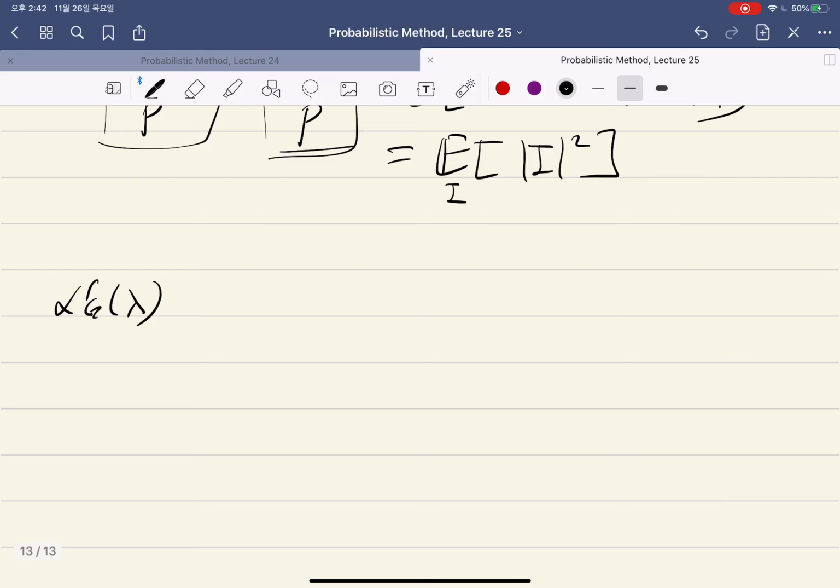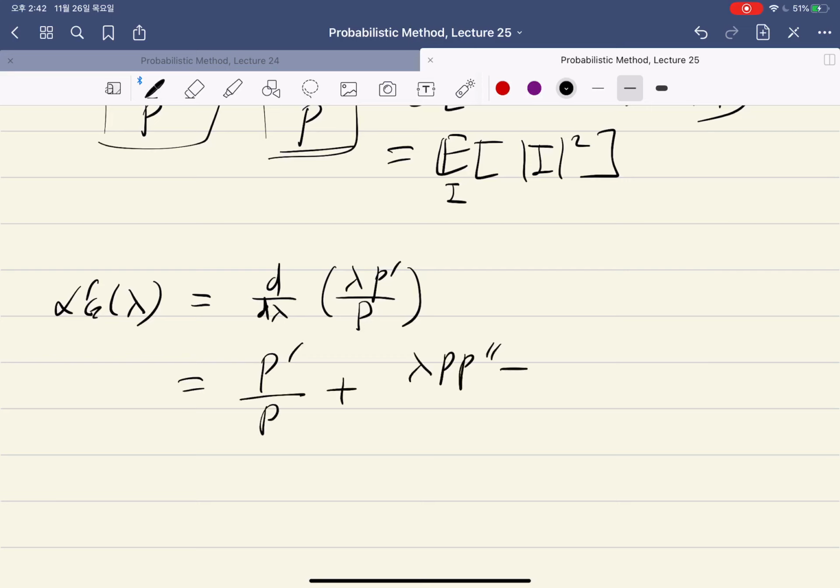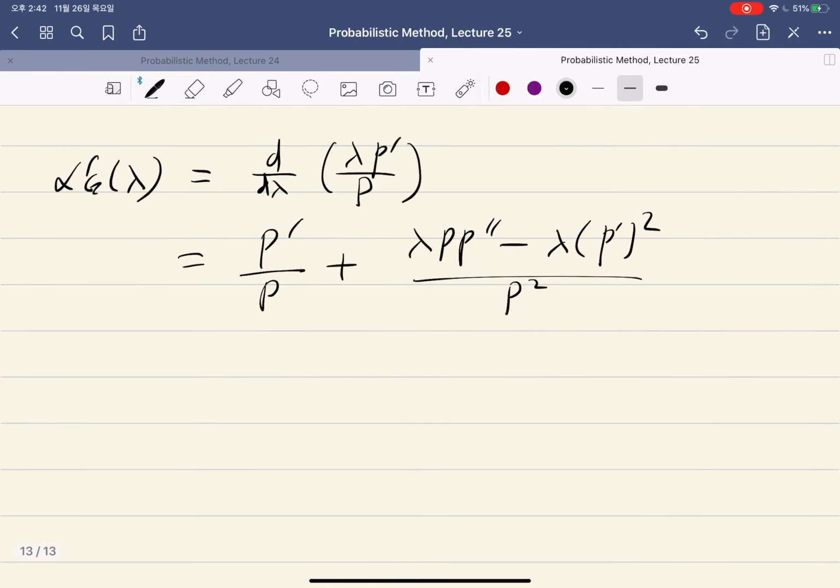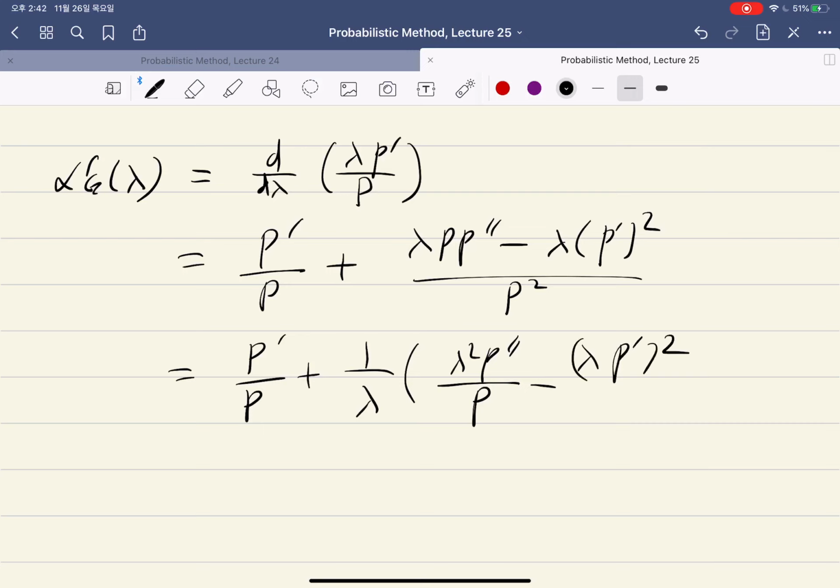Now we want to show that this is monotone increasing. So we want to show that its derivative is positive. If you take the derivative of this alpha, which is lambda p prime over p, just basic probability, basic calculus shows that... the computation you can do yourself, so not so important.